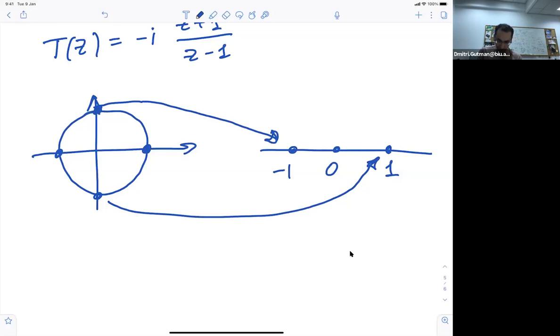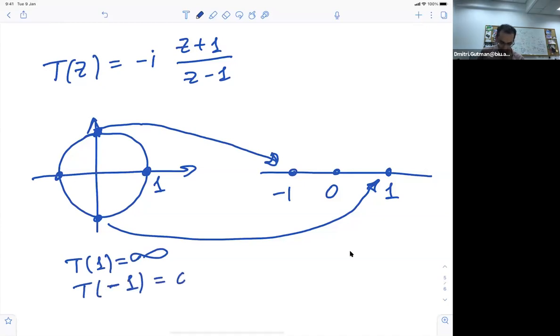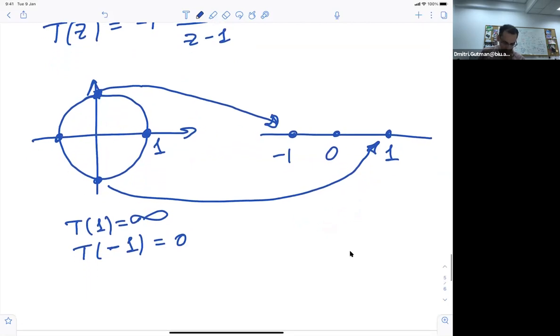The point 1 will be sent to infinity. So T of 1 is infinity, T of -1 is 0, T of I is -1, and T of -I is 1.